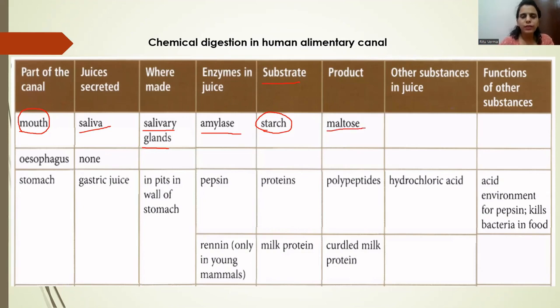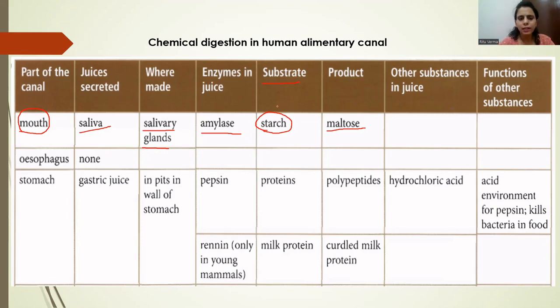Now remember, we have discussed three categories of enzymes: carbohydrases, proteases, and lipases. All these three help in digestion of different nutrients present in our food. Carbohydrases, as the name suggests, help in digestion of various types of carbohydrates. Proteases help in digestion of proteins, and lipases help in digestion of fats.